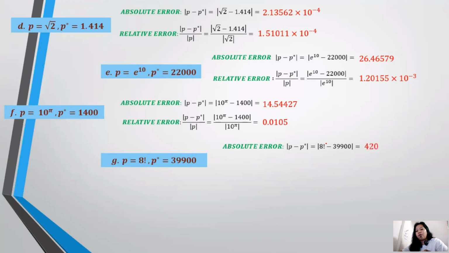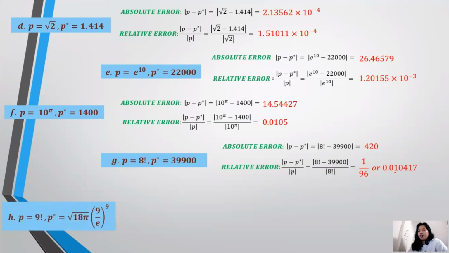So we have 420 for the absolute error. And for the relative error, the formula is the absolute value of P minus P asterisk all over the absolute value of P. So the absolute value of 8 factorial minus 39,900 all over the absolute value of 8 factorial. So we have 1 over 96 or 0.010417. So that is for the letter G.